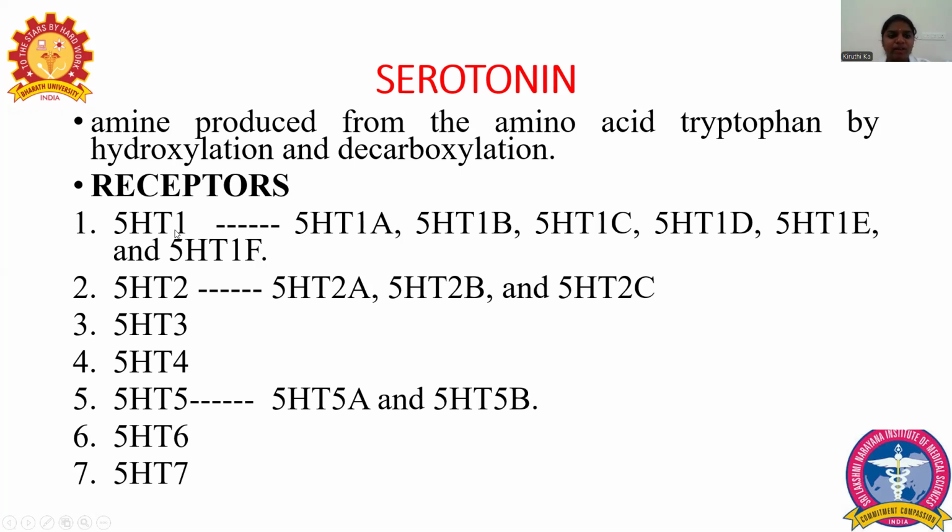The 5-HT1 is divided into 5-HT1A, 1B, 1C, 1D, 1E, and 1F. The 5-HT2 is subclassified into 5-HT2A, 2B, and 2C. And the 5-HT5 is subclassified into 5-HT5A and 5-HT5B.